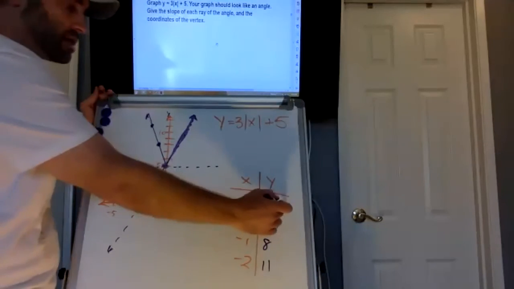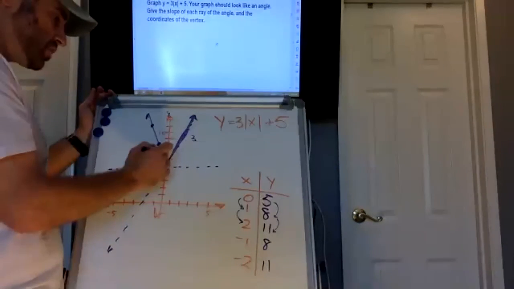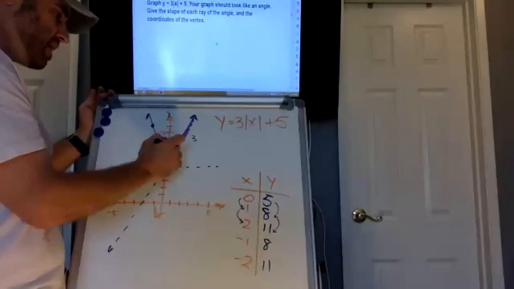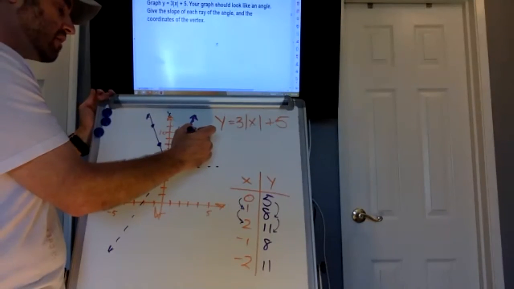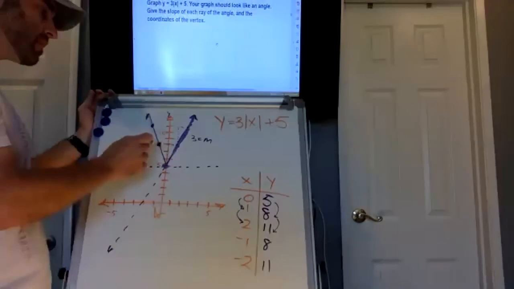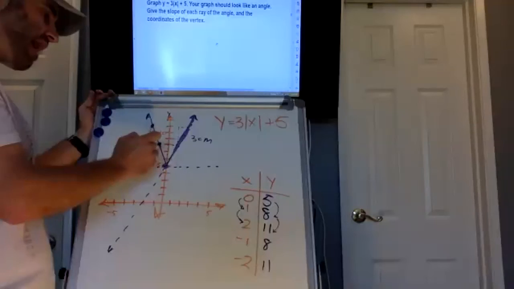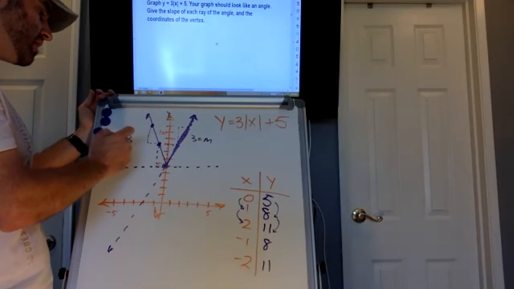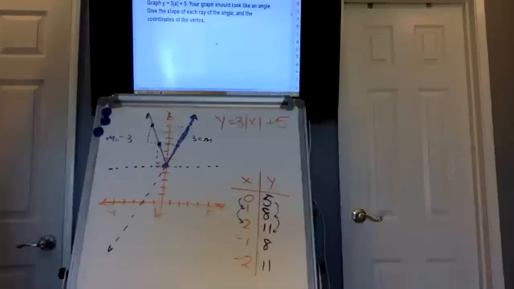It goes up 3, 1, 2, 3, over 1. Up 1, 2, 3, over 1. So slope is 3. What's the slope of this one? -3. Negative. This one goes down 3 over 1. Down 3 over 1. So this one is -3. Okay? Yep. All right.